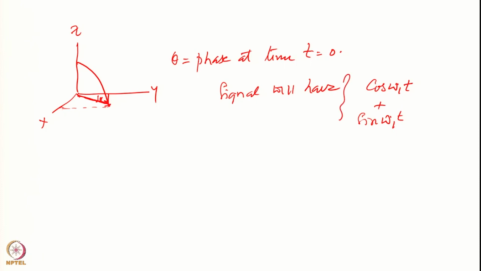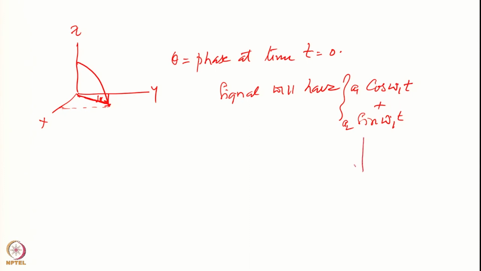If I Fourier transform this, what should I get? Of course, this will have a certain amplitude, there is a coefficient, let us call this A1 and this A2. There are 2 coefficients depending upon the theta error, and depending upon that the components along the y and the x axis will be different. Whatever is along the y axis will have a cosine omega I t, whatever is along the x axis will have the sine omega I t.